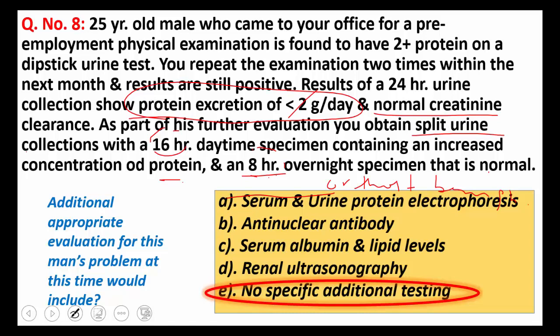With a normal creatinine clearance, he should be tested for orthostatic proteinuria. This benign condition occurs in 3 to 5% of adolescents and young adults and is characterized by protein excretion in the upright position but normal protein excretion when the patient is supine.